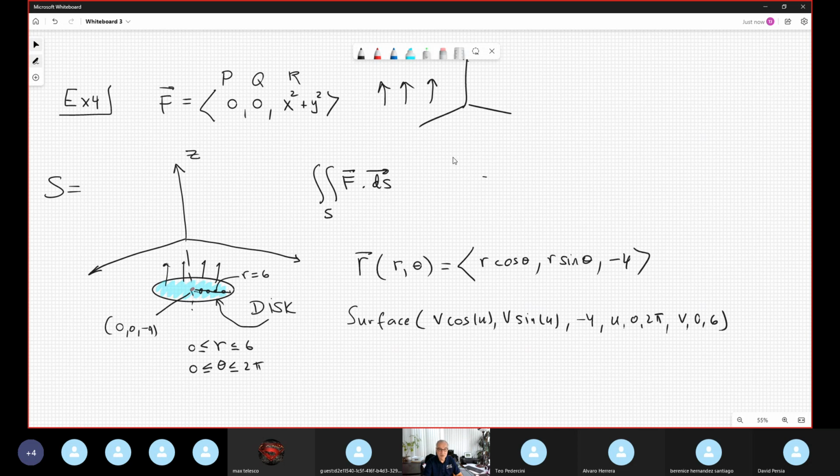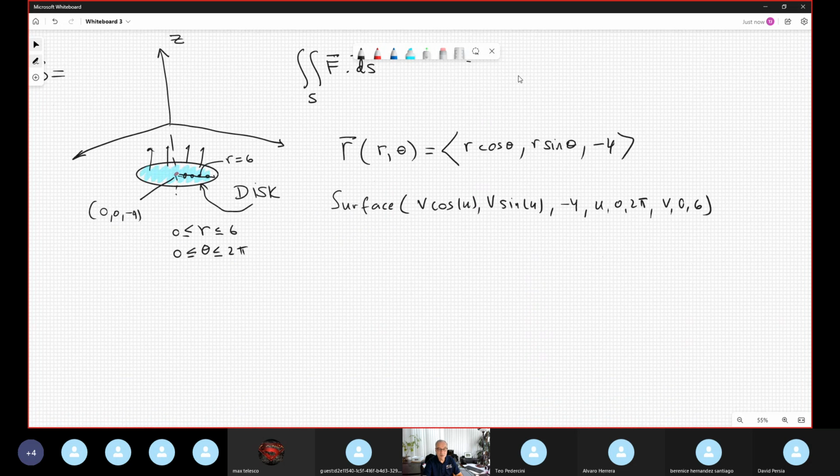So now, moving to the parametrization part, I need to compute the partial derivative of the vector valued function with respect to theta. You differentiate with respect to theta, component by component, is minus r sine theta, comma r cosine theta, comma 0.